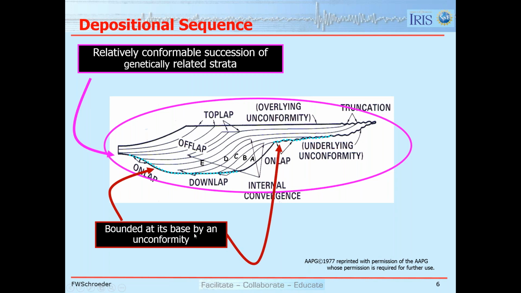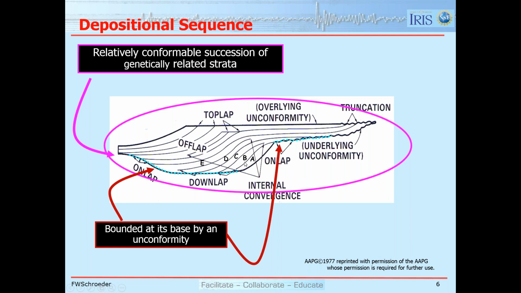They are bounded at the base by an unconformity. I've labeled a few of the layers here, A, B, C, D, E. You can see the extent of layer A and B steps out from that, and C and D and E all step out from that.